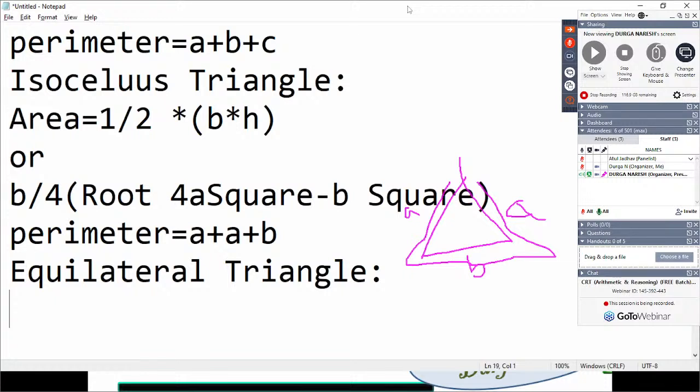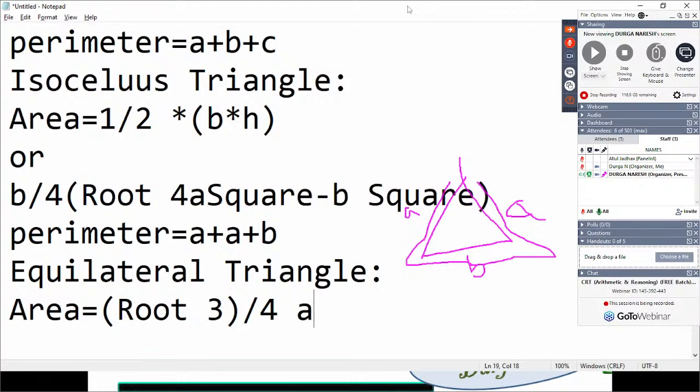Next one, equilateral triangle. All three sides are equal. That is called an equilateral triangle. So area is equal to root 3 by 4 a square. The root is applicable for only 3, not 4.